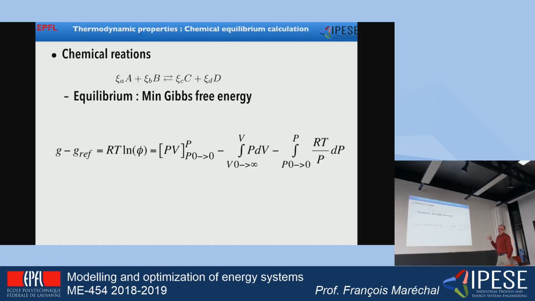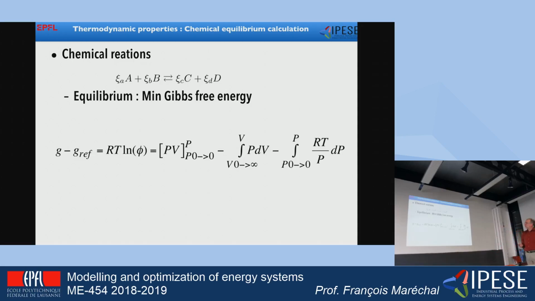And this can also be done for the chemical reactions. So not only for physical separations, but also for chemical reactions. So it means that I can estimate what will be if we leave the time. Chemical reactions have also kinetics, but if they are in equilibrium, we can calculate the equilibrium with only the values of the elements in the equation of state.